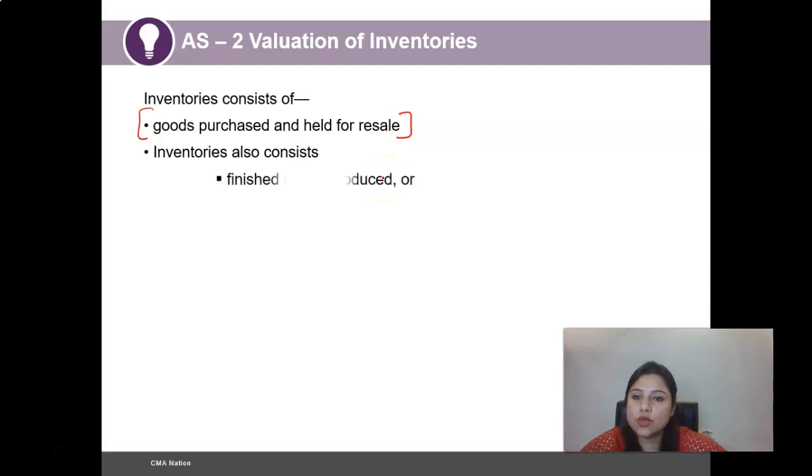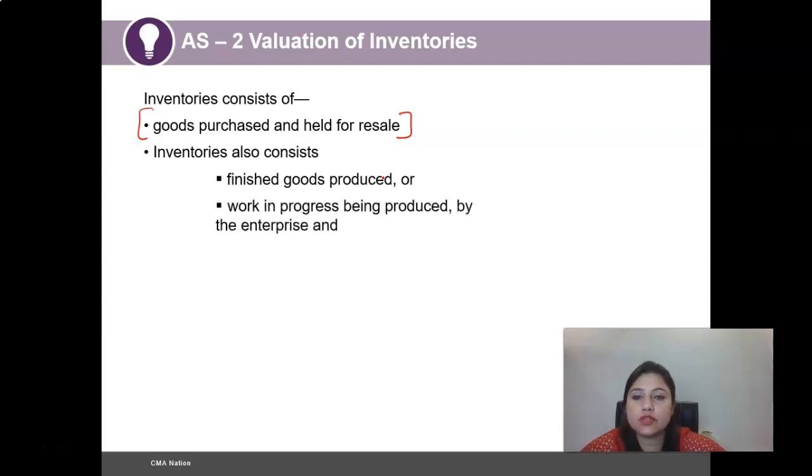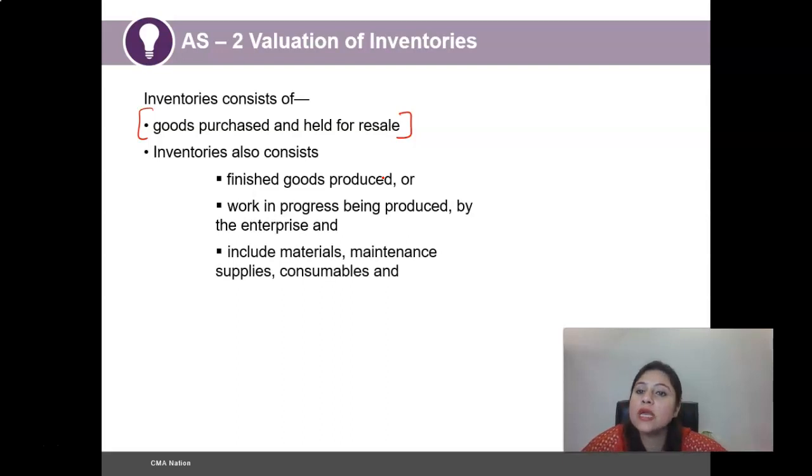And inventories also consist of finished goods that are produced by a particular business, and further work in progress which is produced by the enterprise would also be included in the inventories for that business.